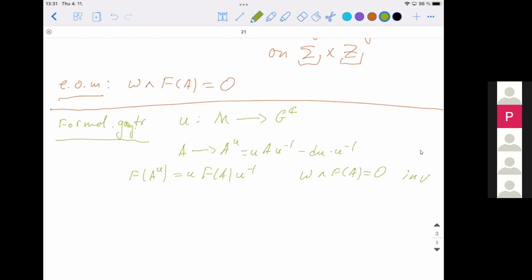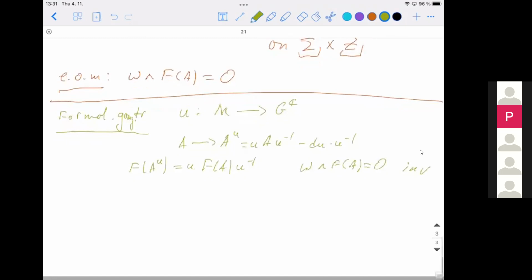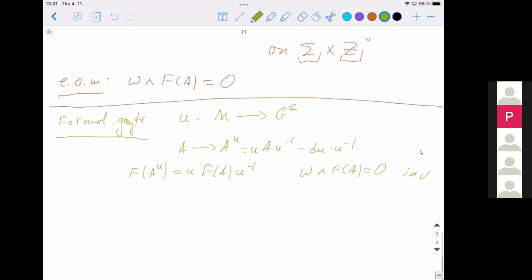And now we should start talking about this particular parametrization of this gauge field.